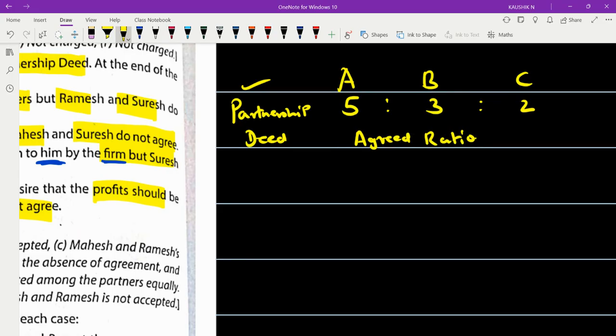Suppose you don't have a partnership deed, then it will be shared in the ratio of 1 is to 1 is to 1, that is equally. This is called equal ratio.